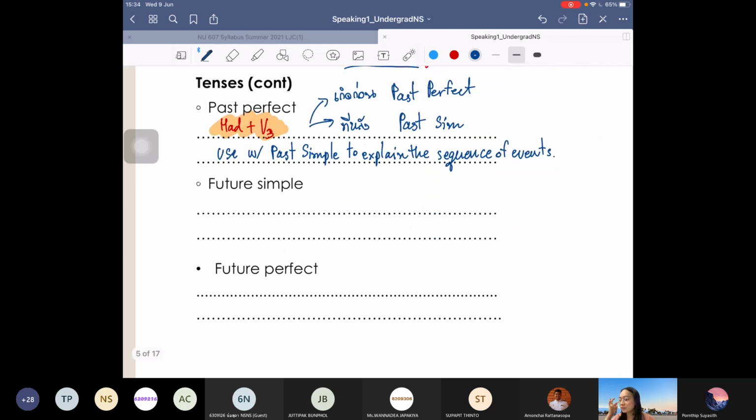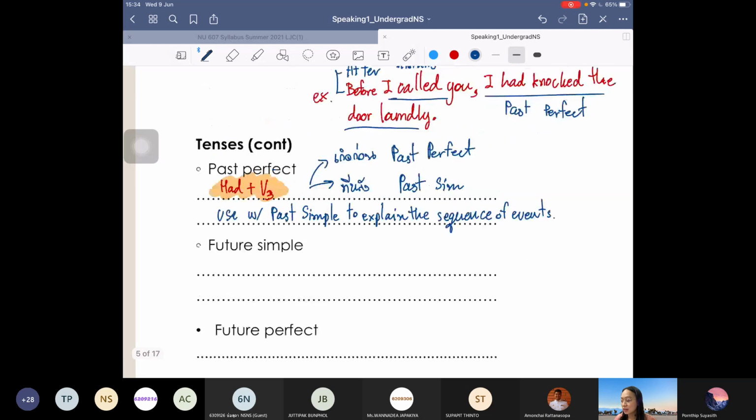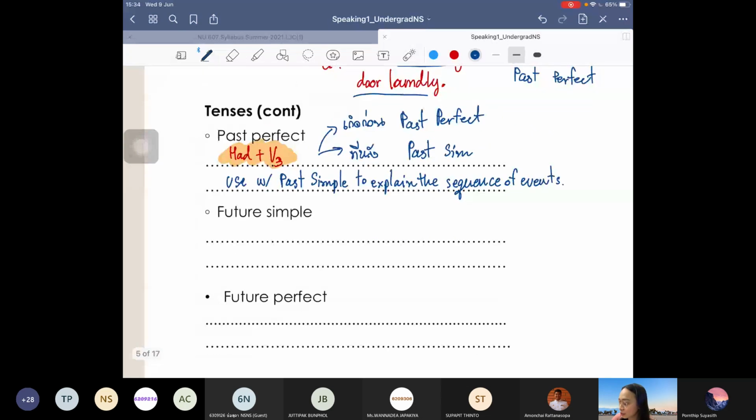ต่อมา future simple tense. Future simple tense ก็คือ will, shall we rarely use it right now, will บวก verb infinitive ไปเลย. What is verb infinitive? แปลเป็นภาษาไทยง่ายๆ verb infinitive คือ verb ไม่ผัน โอเคนะ คือ verb ที่น้องใช้เปิดหาในพจนานุกรมหน้าตาเป็นยังไงก็อย่างนั้นเลย ไม่มีการเติม s ไม่มีการเติม ed โอเค.